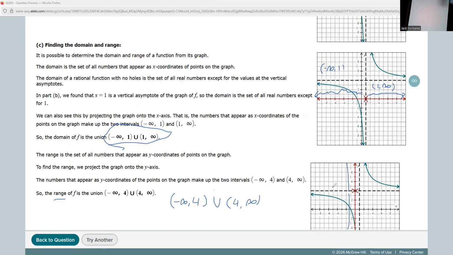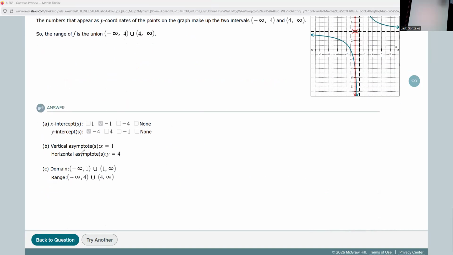Range is y values, so up and down. Domain is left and right. So remember where the asymptotes are and see if the graph jumped over it or crossed it. Vertical, you never really cross, but the horizontal, sometimes you do. And I just sent out a PDF for the rules of all the asymptotes. But anyway, that's how you solve these just by looking at the graph.